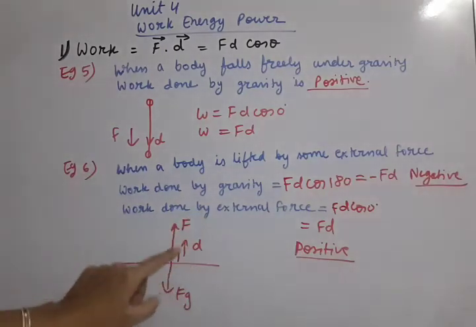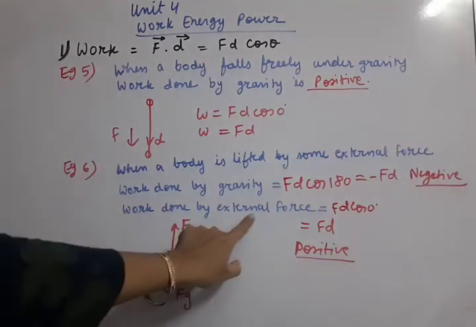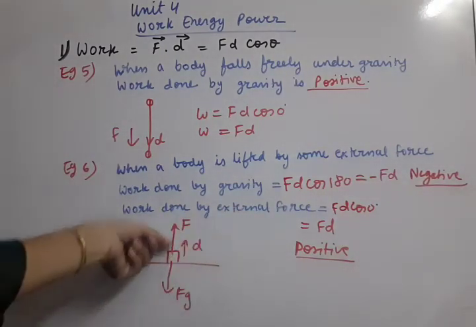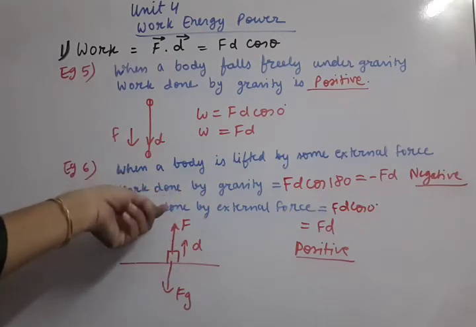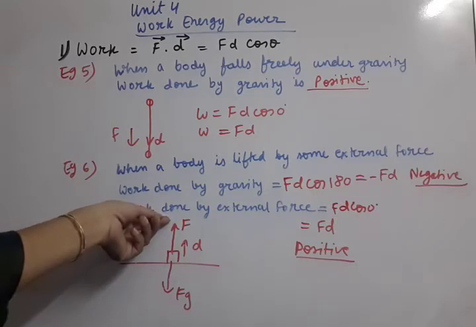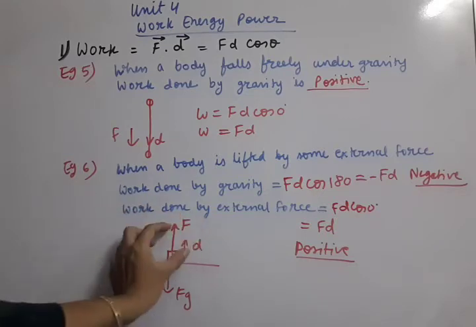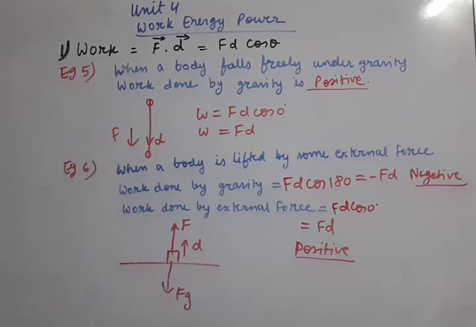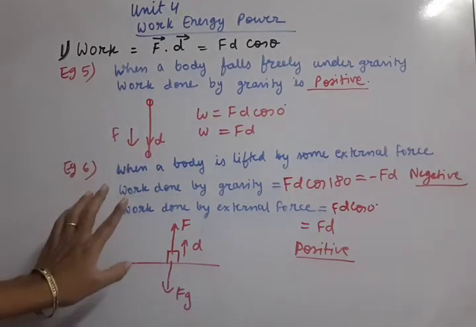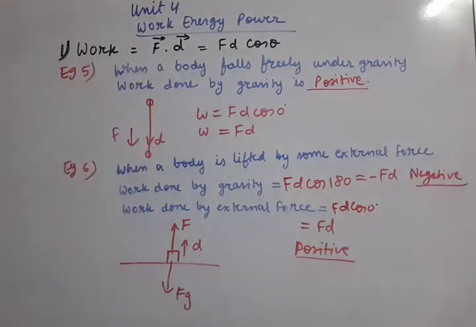And if work done by the external force is asked, the external force with which we are pulling the body upward, the force is upward, displacement is also upward, they are in the same direction. That's why work done is positive. So you have to always notice by which force the work done is asked. Now let us practice some numericals for work done cases.